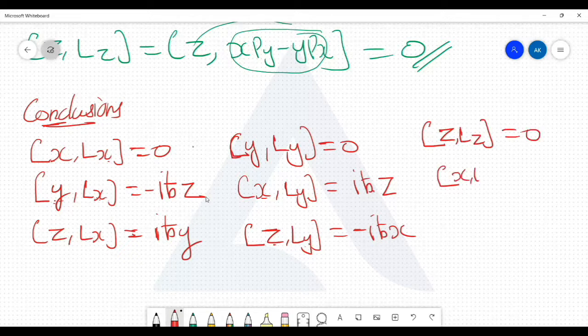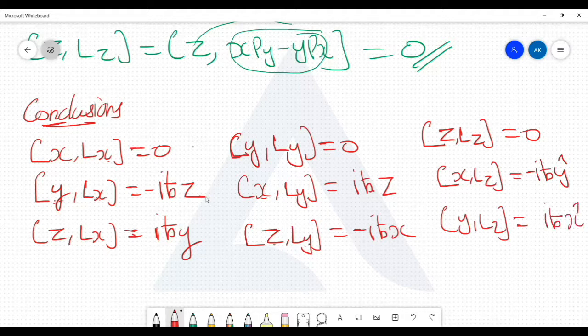You have X Lz, that will be iħ cross Y. But X Z Y is not cyclic. Next, Y Lz is iħ cross X. Y Z X is cyclic, therefore it is positive. Okay.